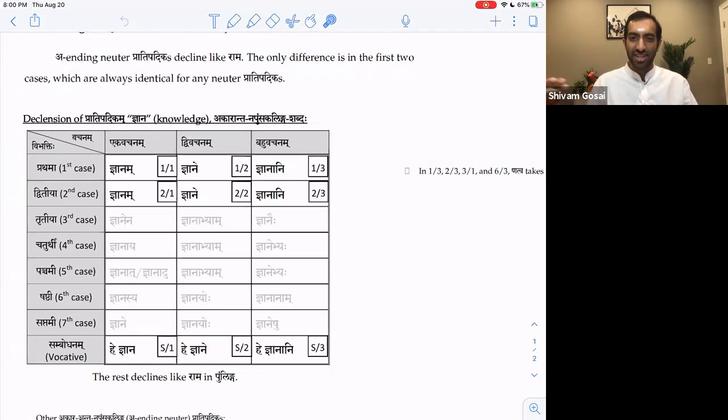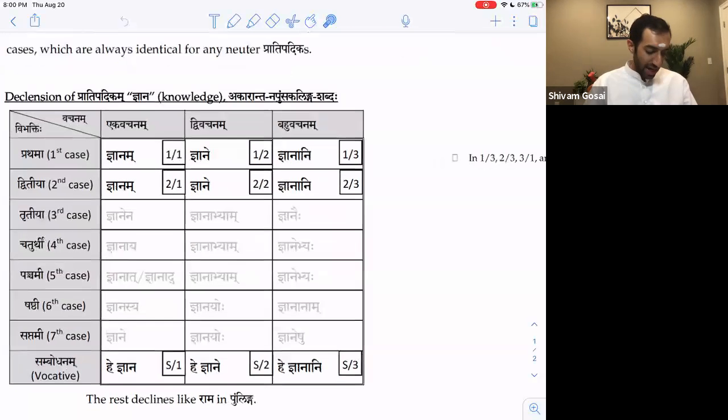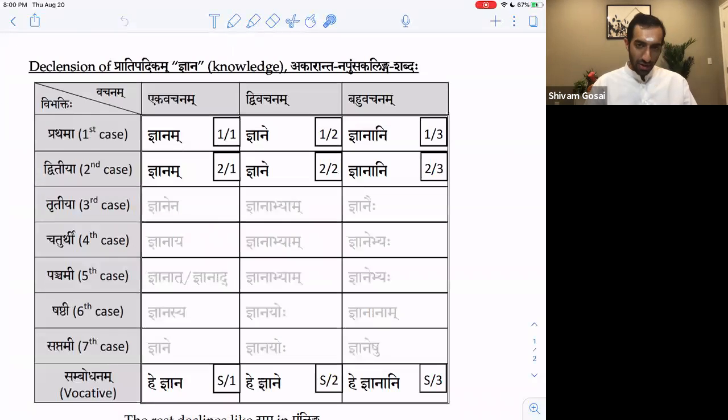That's why we spend so much time with Rama śabdha, right? So just like Ramena, here we have jñānena, Ramabhyam, Ramaihi. Here we have jñānabhyam, jñānaihi. Right? We have 4th case, Ramaya becomes, here it's jñānaya, Ramabhyam becomes jñānabhyam, jñānebhyah, jñānat, jñānabhyam, jñānebhyah.